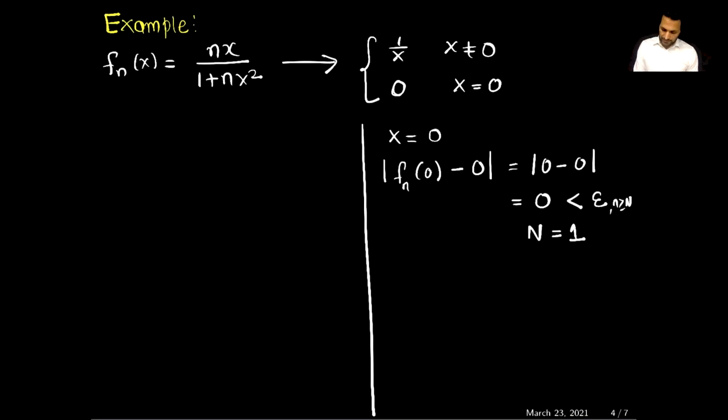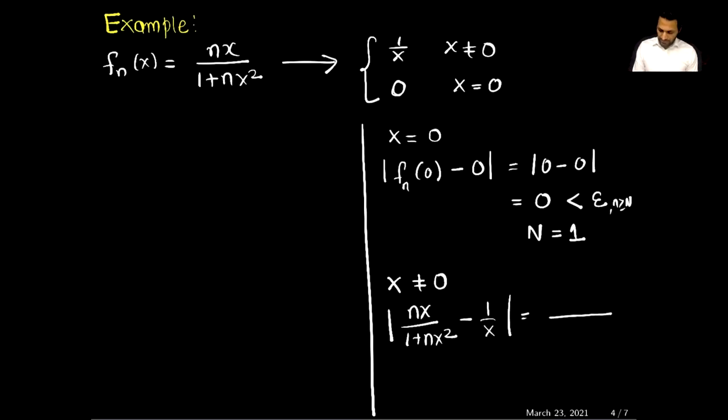Now let's consider the second case, when x is not equal to 0. What we need to do is find a capital N so that when I take my little n bigger than that capital N, the distance between nx over 1 plus n x squared minus 1 over x is less than epsilon. So let's do some simplification of this term.